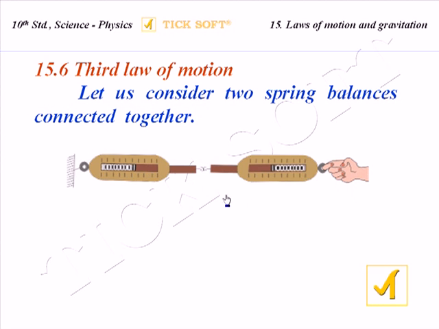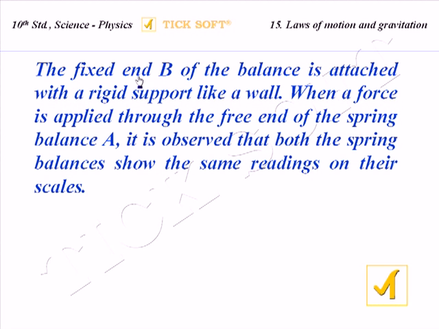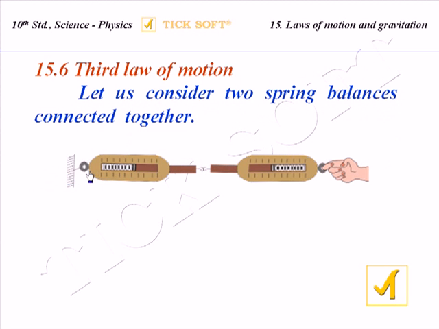This states that for every action there is an equal and opposite reaction. If your force is equal to the readings in the spring balance, the fixed end B of the balance is attached to a rigid support like a wall on the left side.